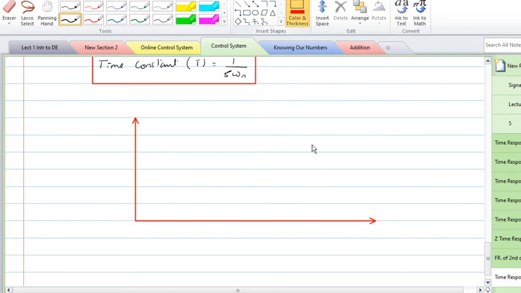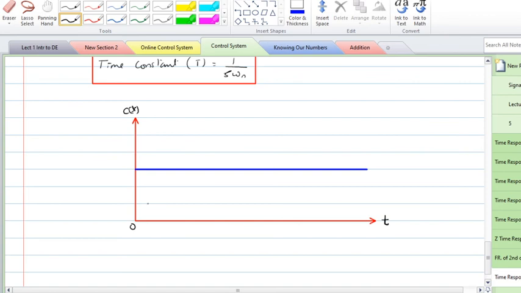Suppose this is the axis and here we draw the input. Let us suppose this is your unit step input. Okay, this is your time axis, 0 here, and this is your C of t.